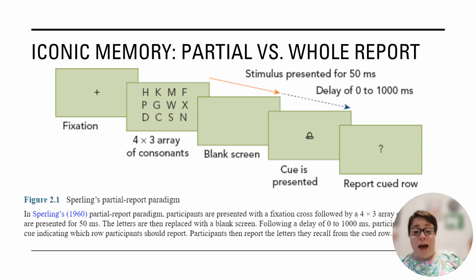The term iconic memory was inspired by the results of a series of experiments conducted by George Sperling in 1960. Sperling began his examination of iconic memory by asking participants to report as many letters as possible from a briefly presented display consisting of 3 rows of 4 letters, such as the one shown in the figure.